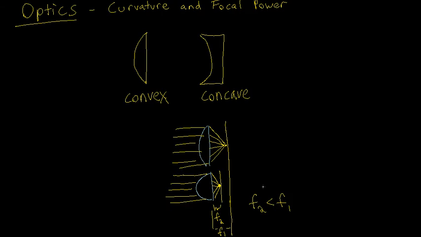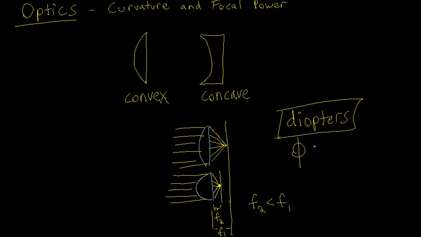Well, in terms of designing optical components over history, they didn't really like the fact that less is more, so they came up with a new metric instead of focal length for focusing power called diopters. And diopters is generally denoted this way, though most of the time you just see it written out as diopters. And diopters is just 1 over the focal length.